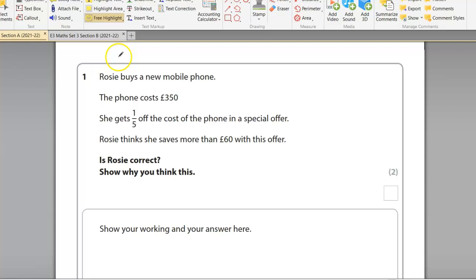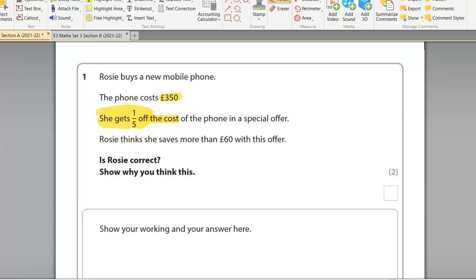So the big thing that this question is testing is when it says she gets 1/5 off the cost being £350. It's seeing if you know how to find 1/5 of 350. So what does 1/5 mean?